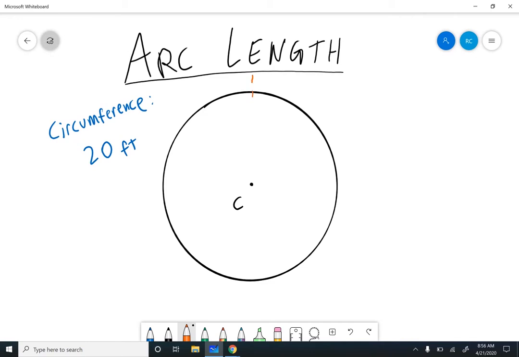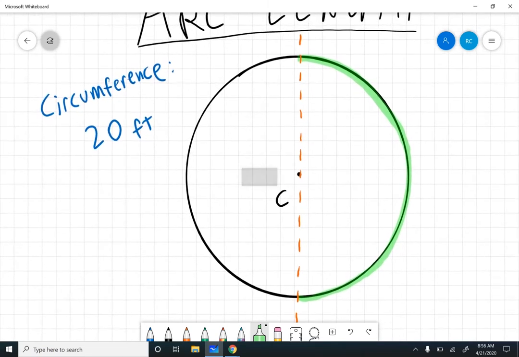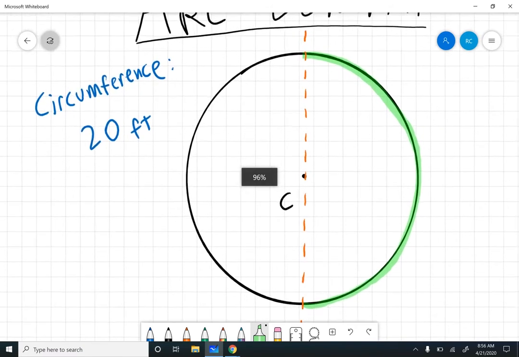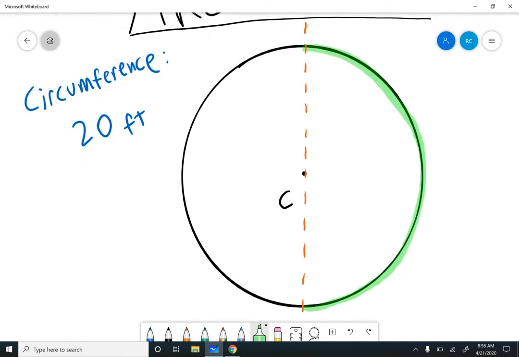If I was to cut this circle in half, okay? If I was to cut this circle in half and ask you how long this distance is here, how long is this distance that only goes halfway around the circle?